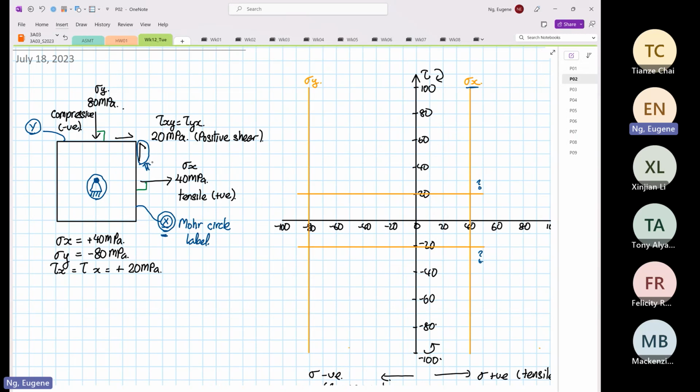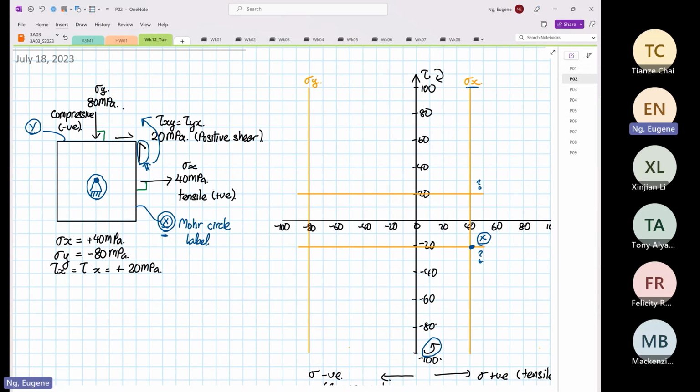It's going to rotate the element in what direction, clockwise or anti-clockwise? Anti-clockwise, right? So anti-clockwise is this direction over here. So this is where your point X is.